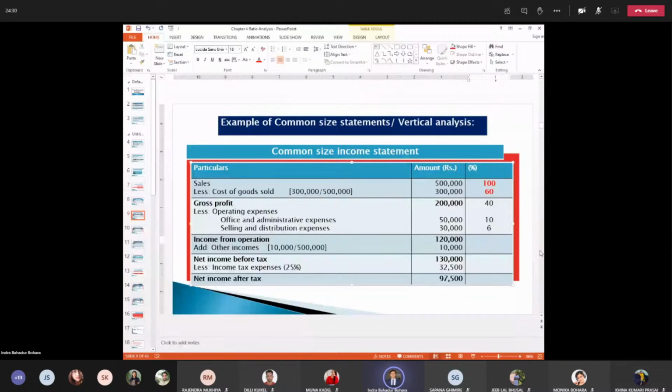It is 24%, or 1,20,000 divided by 5 lakh. It means percentage of operating income on sales, 1,20,000 divided by 5 lakh, you get 24%, or you deduct 40% minus 10% minus 6%. Similarly, other income, 10,000, sales is 5 lakh. 10,000 divided by 5 lakh. So what percentage is it?